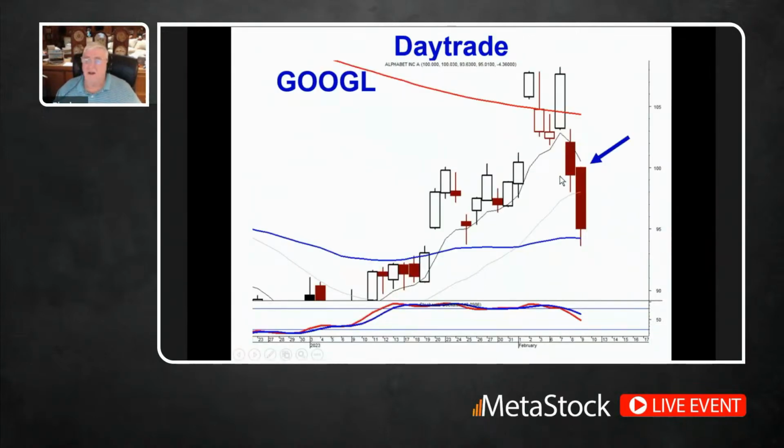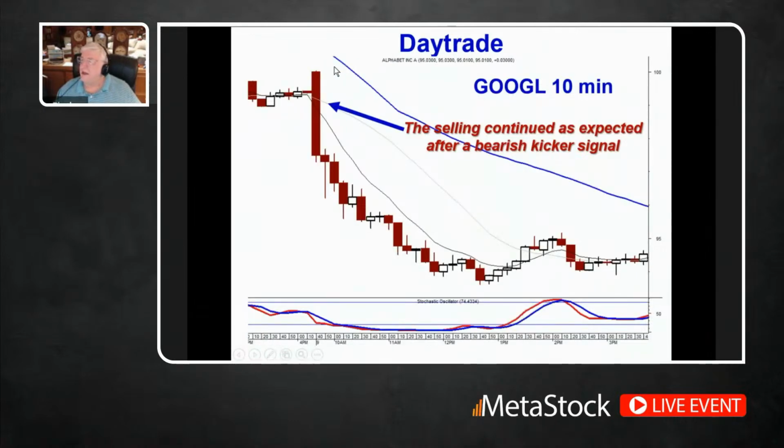So if we know what the result is of a bearish kicker signal, that means we can be prepared to even do another day trade if they start trading it lower. Again, there's your bearish signal on your 10-minute chart. Same scenario. Where do you cover your short position? Right about in here, because then look what happened for the rest of the day.